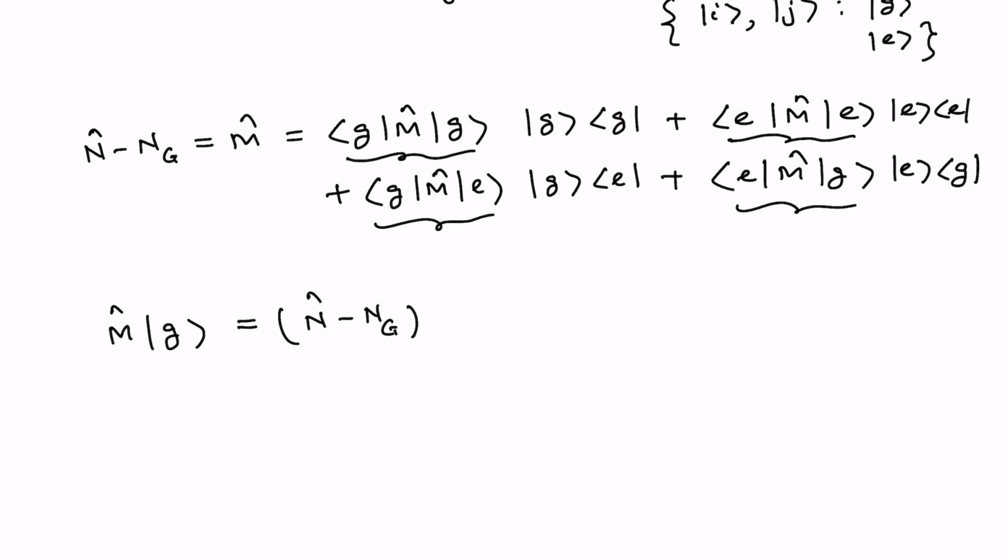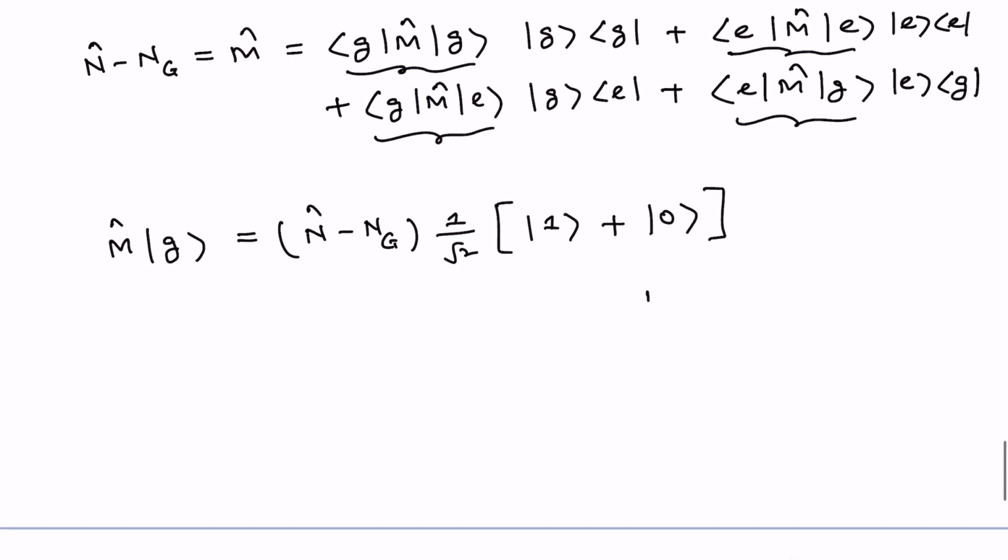We have ket z is 1 by root 2 times the symmetric superposition of ket 1 plus ket 0, and because n is a number state, n operating on ket 1 is going to give me ket 1, and the number operator operating on ket 0 is going to give me simply 0, right?